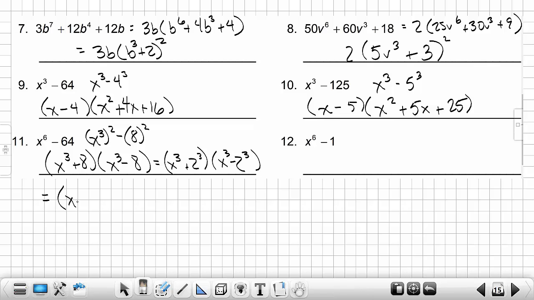This is the sum. Minus 2x plus 4. And the other one, x cubed minus 2 cubed, turns into x minus 2 times x squared plus 2x plus 4. So there's the final solution to 11.